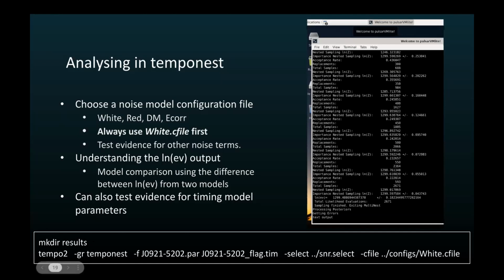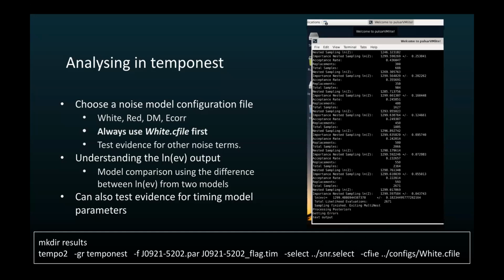So we're running TempoNest. So tempo2 -gr temponest -f. We give it the par file and this flagged tim file. Then we give it the select file. So again, this is saying to ignore low signal to noise ratio observations. And then this is the important part.